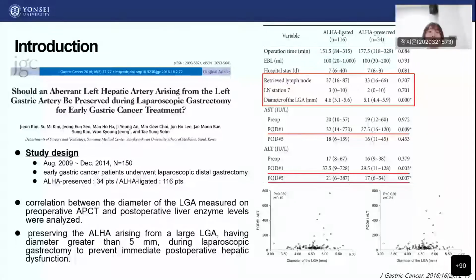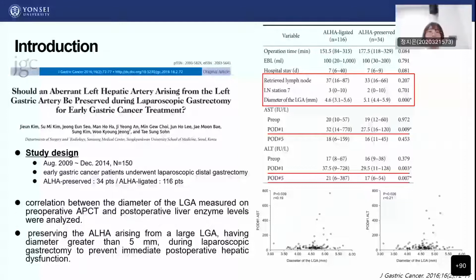There were significant differences between the groups in terms of AST and ALT levels on postoperative day 1. In subgroup analysis of the aberrant left hepatic artery ligated group, the diameter of the left gastric artery correlated positively with elevated liver enzyme on postoperative day 1.